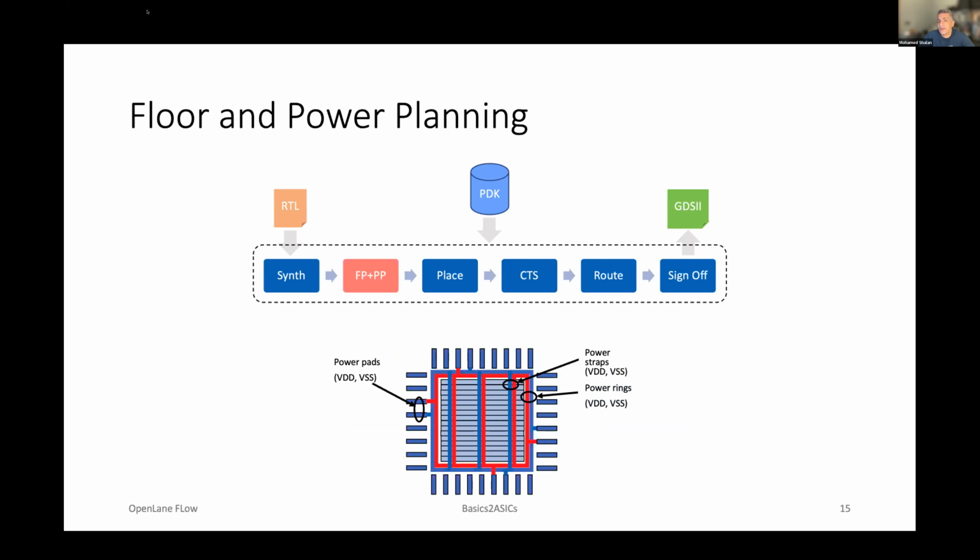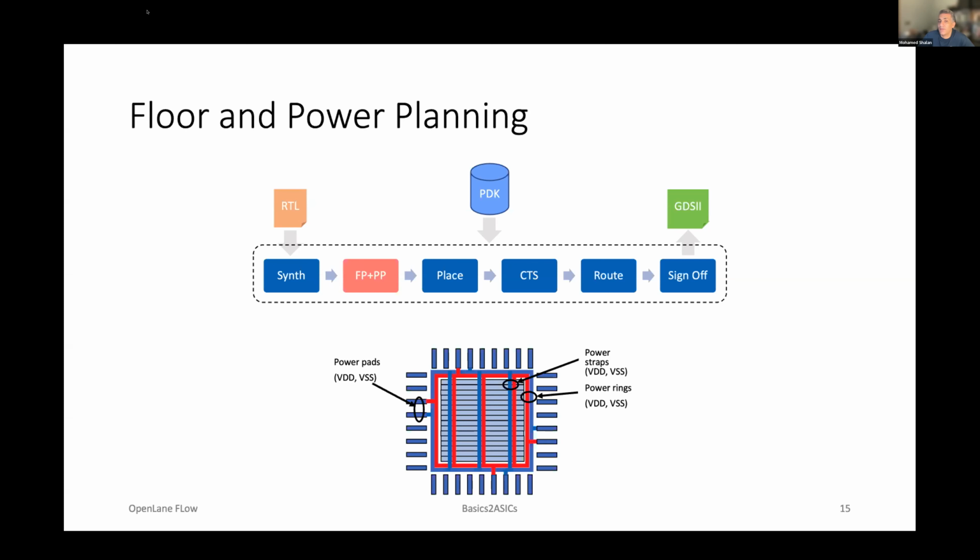Also, during this step, we can do the power planning, where we create the power distribution network, and the idea here is to deliver the power supply to all components of your circuit with the minimum IR drop.